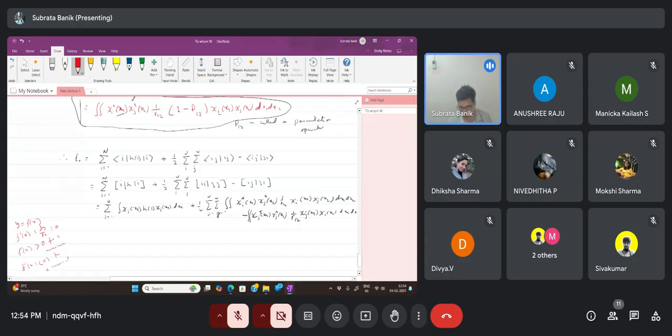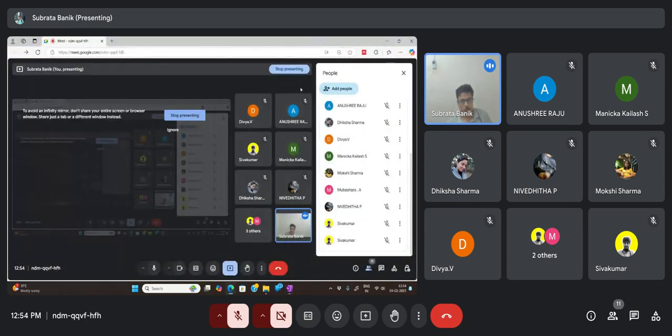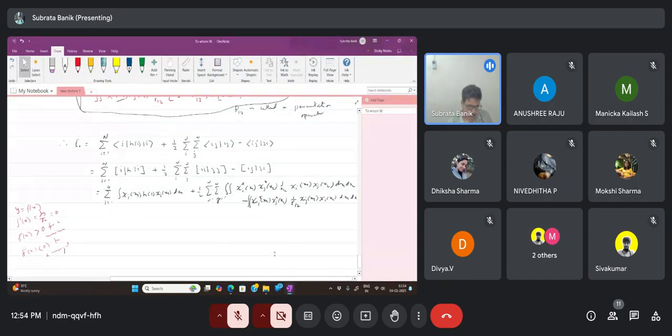Am I correct or am I wrong? For minima, is it less than 0, right? Or greater than 0? Any response? For minima it is greater than 0, right? For maxima it is less than 0.